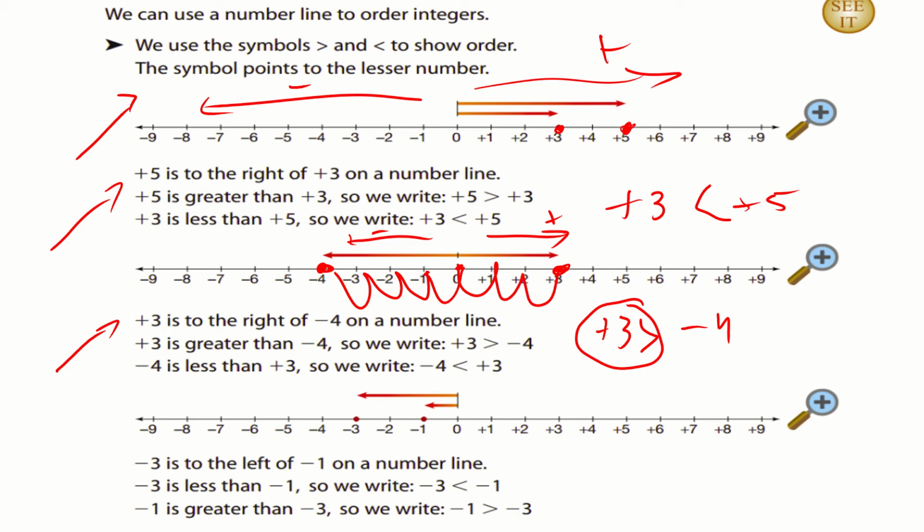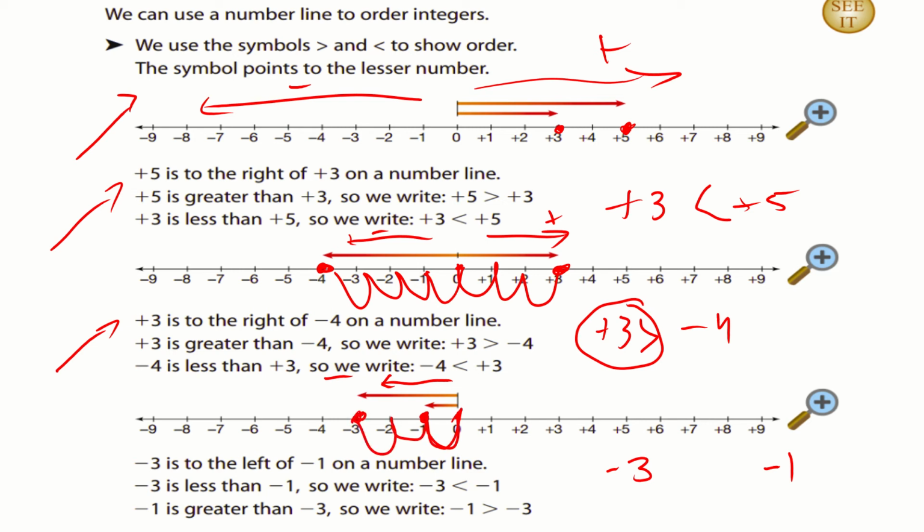Finally, the last one. This one's the trickiest one by far, and I think it's what most people got wrong. You have negative 3 and you have negative 1. On a number line, they're both negative, so they're both to the left. Here is 1, and it's negative 1. 1, 2, 3, it's negative 3.